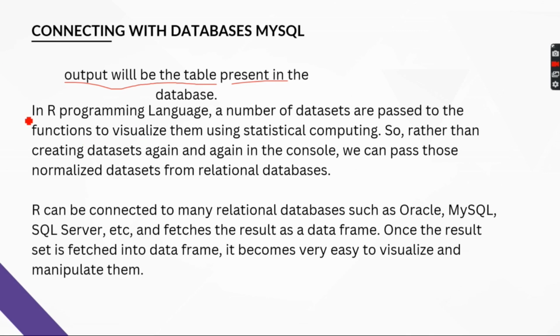Now this is a little bit of theory that you need to know. In R, a number of data sets are passed to functions to visualize them using statistical computing. So rather than creating data sets again and again in the console, we can pass those normalized data sets from relational databases. That is exactly what we discussed earlier: you don't want to create multiple data frames again and again.